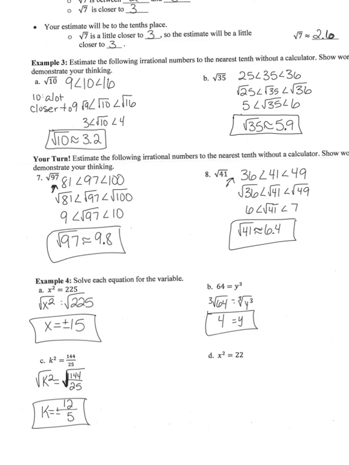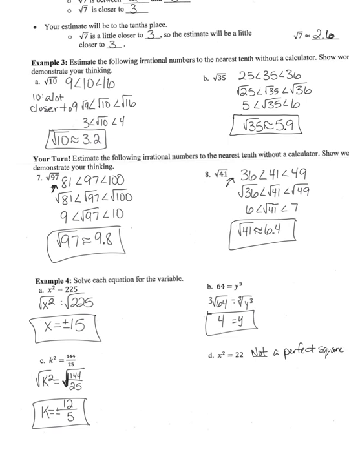And then last one on this page, x squared equals 22. So again, we're looking at our list of perfect squares. And on that list, I don't see 22, which tells us that 22 is not a perfect square. Because it's not a perfect square, it doesn't mean that we can't do this problem.